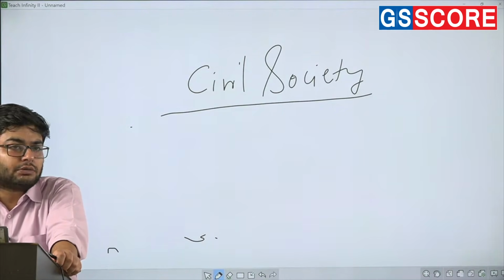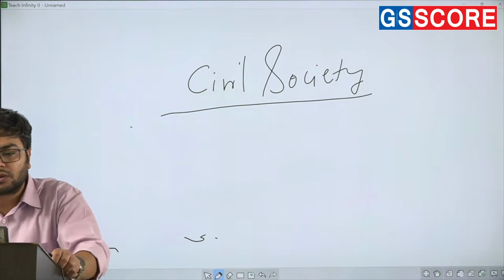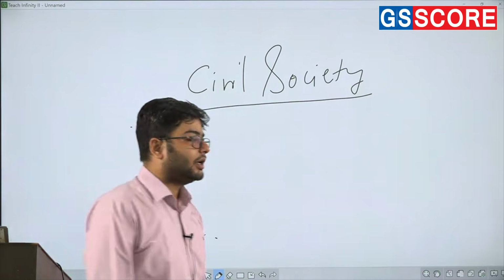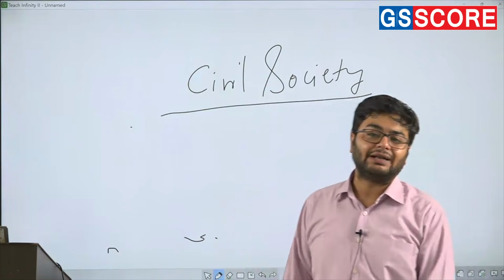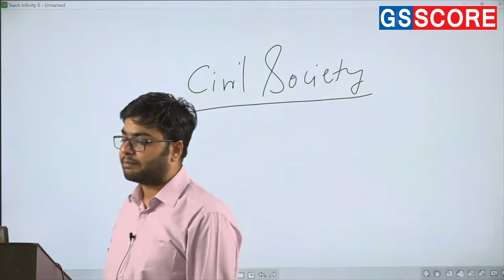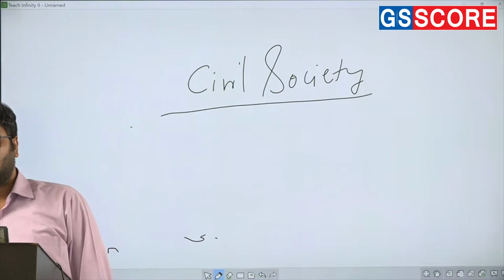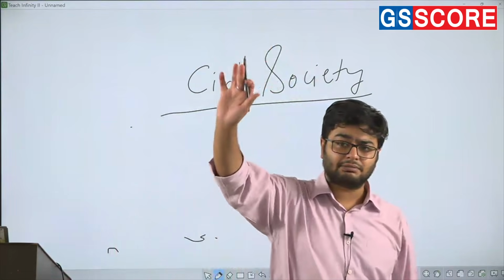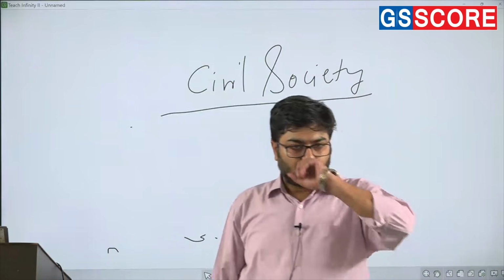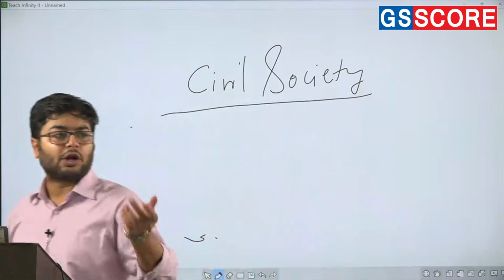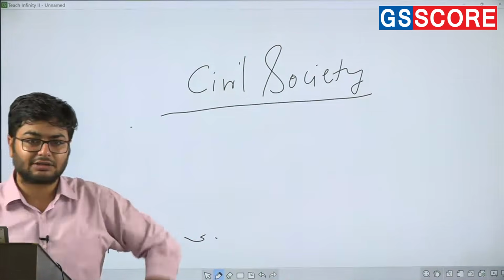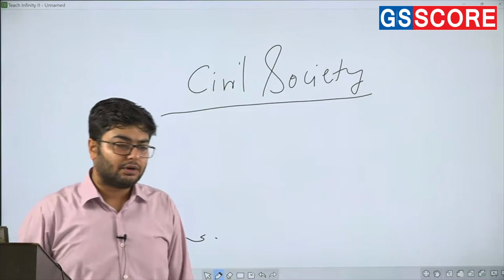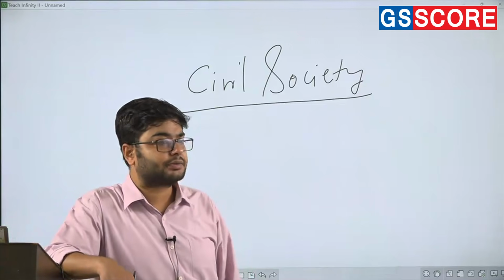In its evolution, complex social and economic forces were at work, especially during the 17th and the 18th century in Europe. Because you see, the absolute monarchy, look at the ecology of that time. The absoluteness of the monarchy, the rule of Henry and others, were slowly giving way to more democratic institutions.